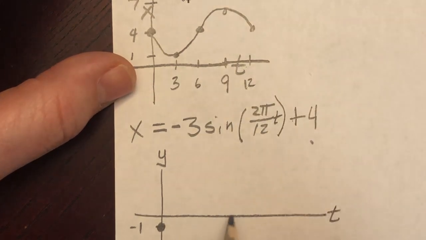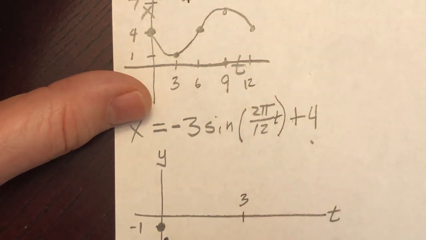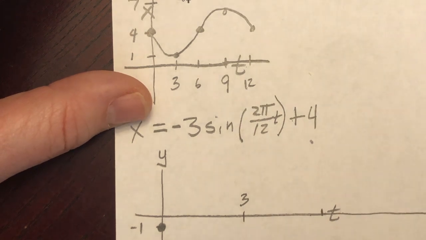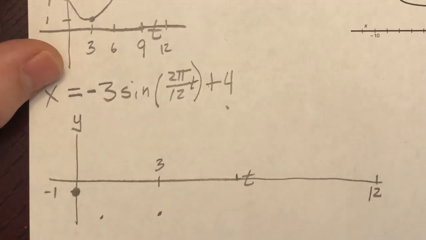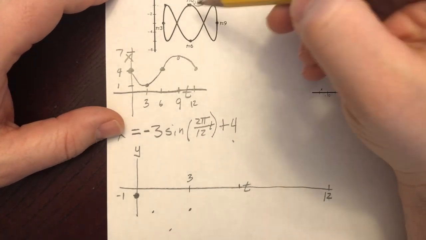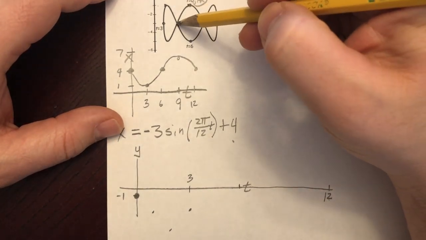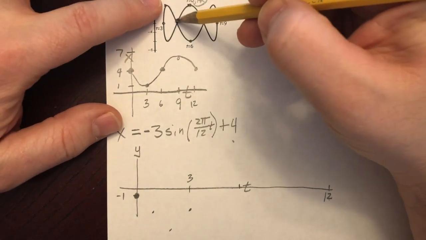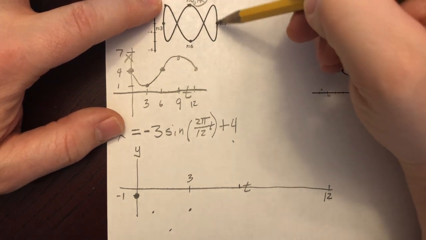So if we go all the way to when t is 12, y goes high, mid, low, mid, high, mid, low, mid, high, mid, low, mid, high.